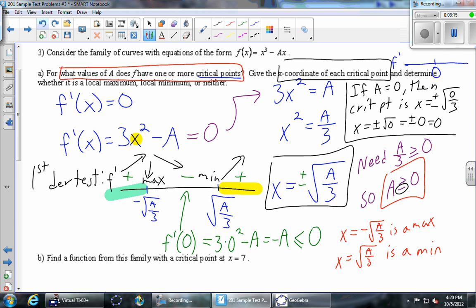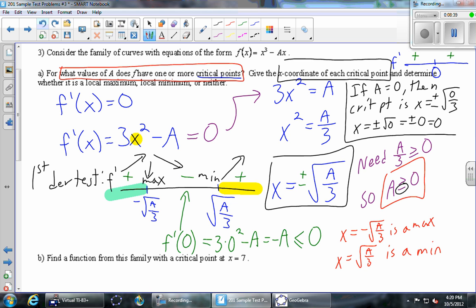Well, could a be big? No, not in this case. A is 0. So the derivative is actually just 3x squared. When you plug in something out here into 3x squared, you're going to get something positive. And in fact, when you plug in something less than 0, 3x squared will still be positive. So if a is equal to 0, there's only one critical point.